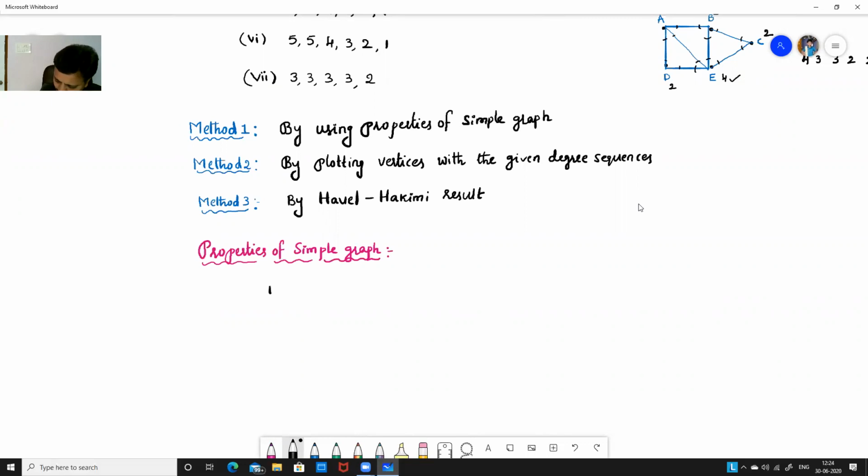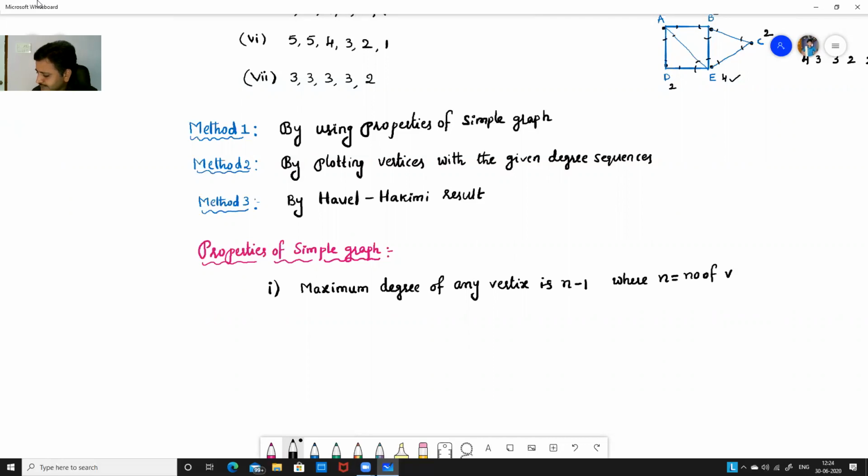Properties of simple graph. The first property you have to remember: the maximum degree of any vertex is n minus 1, where n equals the number of vertices.